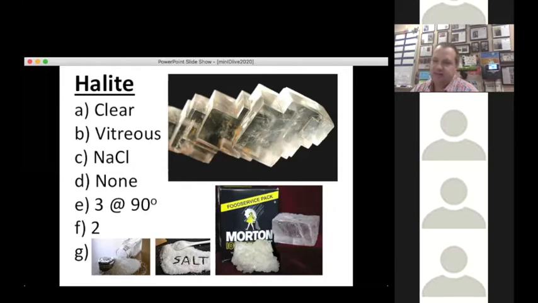I wanted to know the chemical formula, and we see that it is NaCl. Capital N, lowercase a, capital C, lowercase l. That is sodium is Na, and chlorine is Cl. In chemistry, we call this sodium chloride. Sodium chloride, but the mineral name is halite.